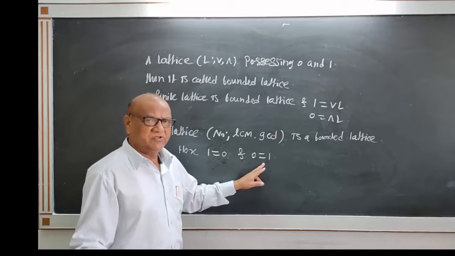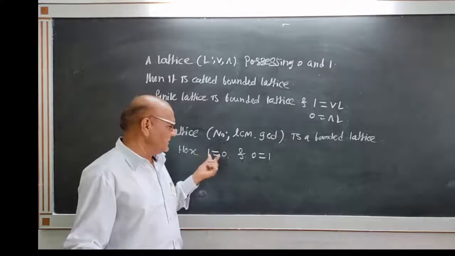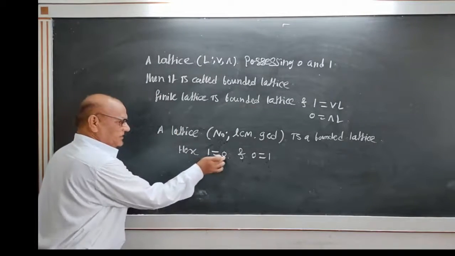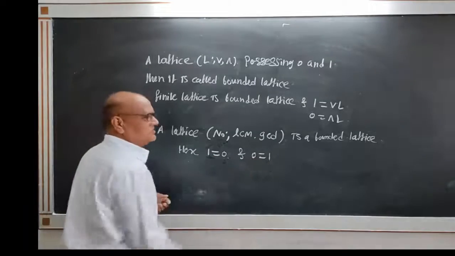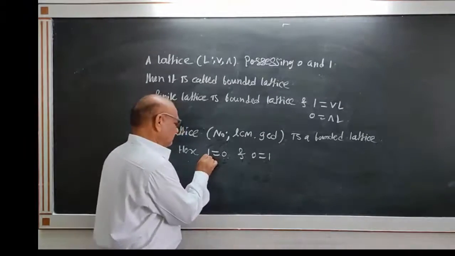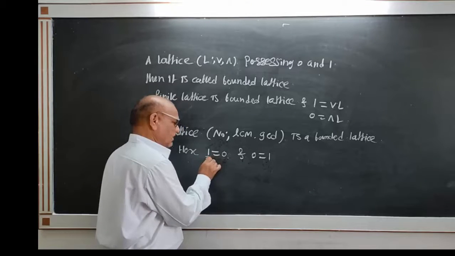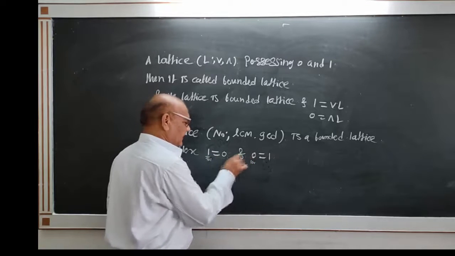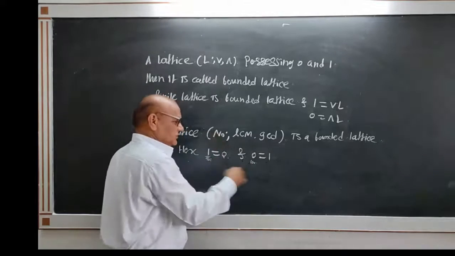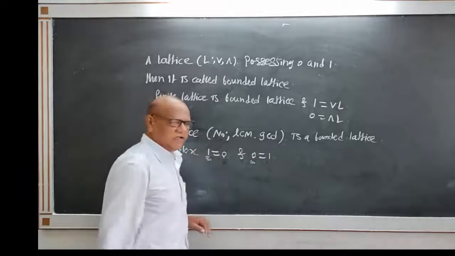So top is 0 and bottom is 1. Here this one is for top, here bottom. And 0 for our regular 0 in N0, regular 1 in N0.